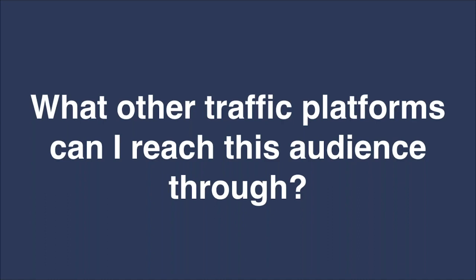So how can we take what we're doing here and horizontally scale, exponentially scale over to these other traffic platforms? And that's going to be a lot of what our trainings about Google and YouTube are. Once you have something working on Facebook, how can you scale it out to these other traffic platforms to really get that exponential scale?